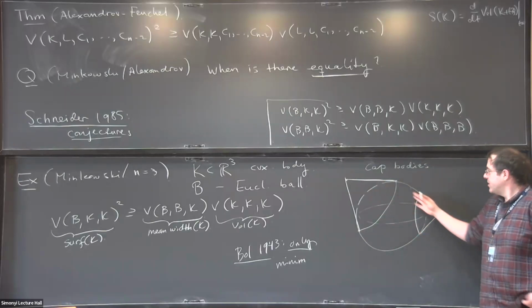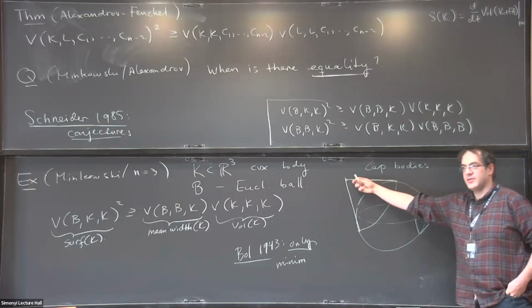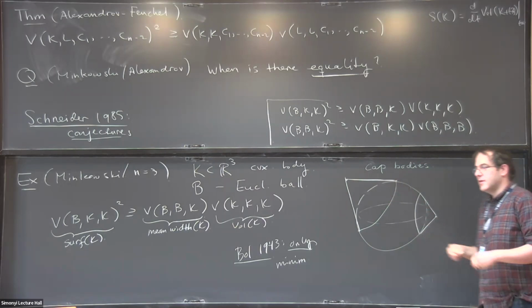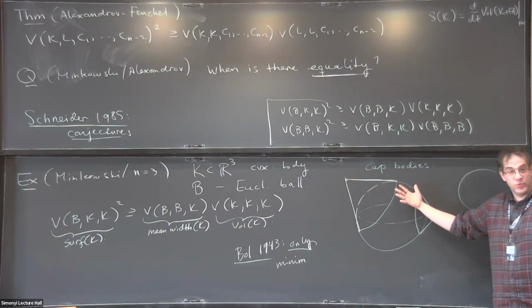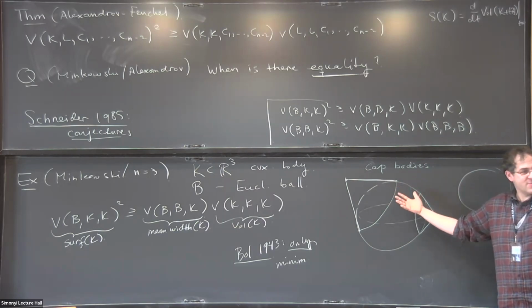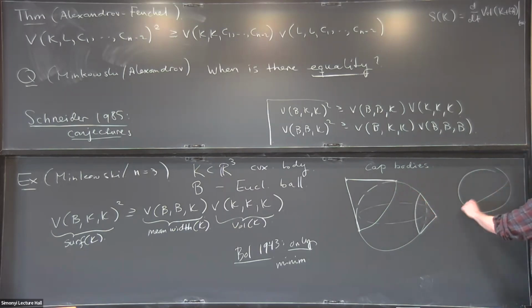Let me give you an example. So here I took a ball, right? And I put two caps on it, right? I have an equality case. But in principle, I can put as many caps as I want. Okay? So in particular, I can put on a countable number of caps. So let me make for you a construction of a really obnoxious body. Okay? Take a sphere. Now on the surface of the sphere, I can take an Apollonian circle pattern, right?